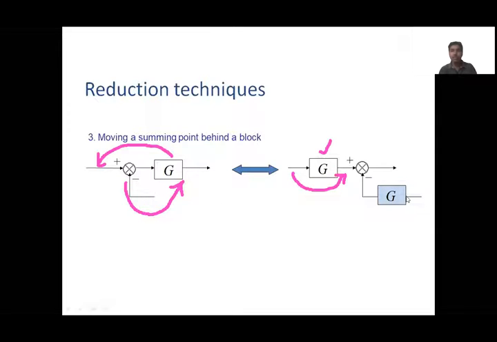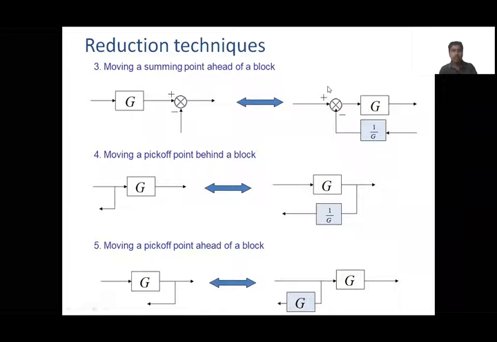Here it is 1, so 1 into G is equal to G. The next one is, if you want to shift the summing point from after the block to before the block, like this, then we have to multiply 1 by G with the feedback gain here.